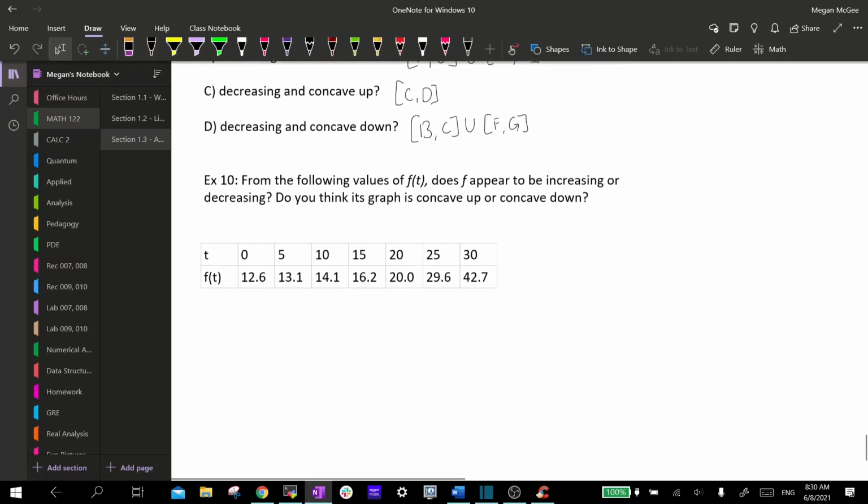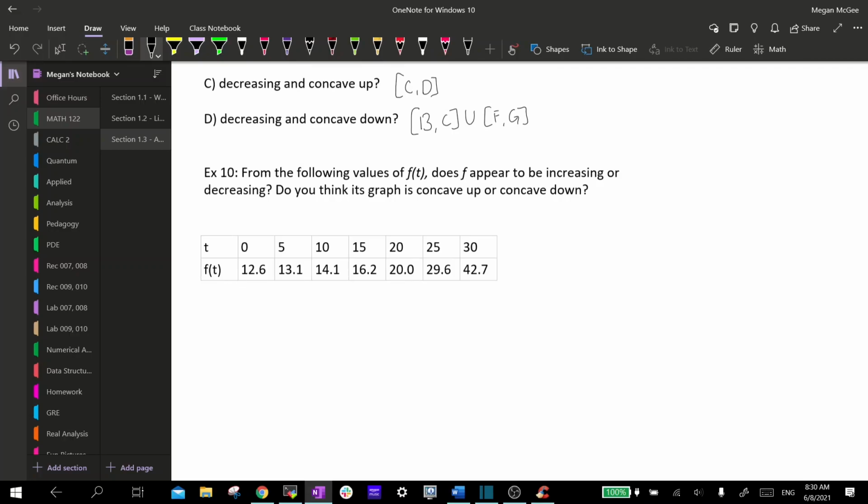Alright, and we've made it to our last example for today. Do we think we could use a table of values, shown here, to determine if a function is increasing or decreasing and if it's concave up or concave down? Well, to determine if it's increasing or decreasing, we just need to remember our definitions, right?